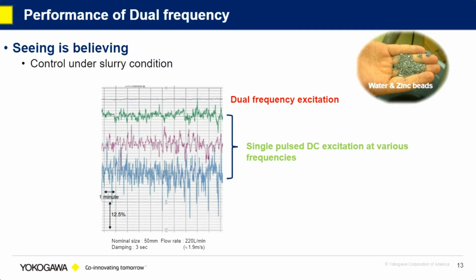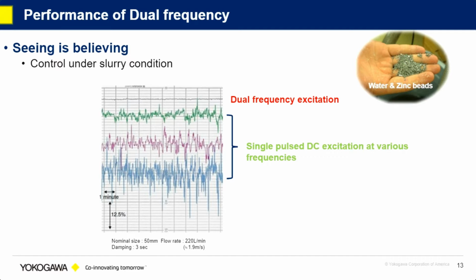So at the end of the day, what benefit does dual frequency provide the customer? I will tell you that I've been doing this for almost 40 years, 34 years as a Yokogawa rep. In any slurry application, what you see is more of an effect of the slurry noise at the lower frequency component than on the high frequency component.